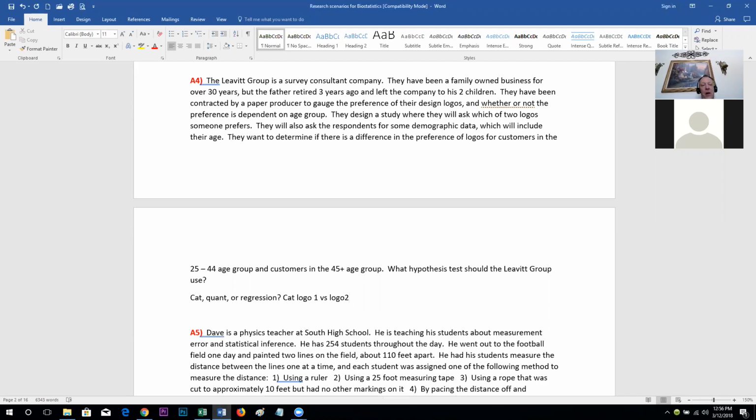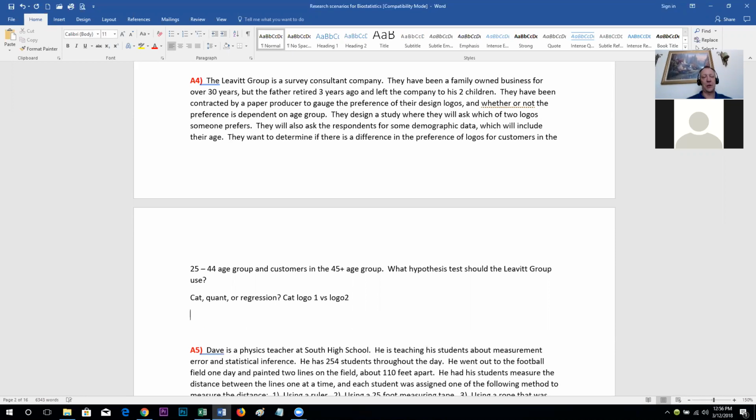So now the question is, is this Z, T, chi-square, or F? It's not chi-square. Why not? I don't know what chi-square really is, though. I know it's not F. I know it's not ANOVA because it's not 3 or more means.